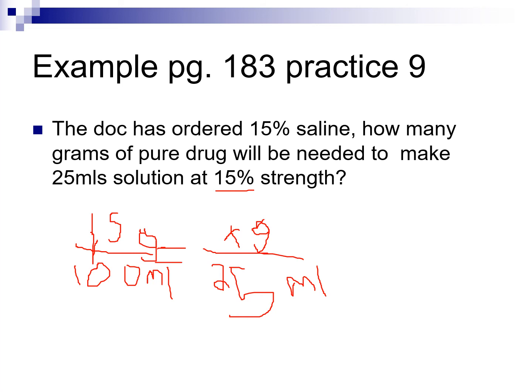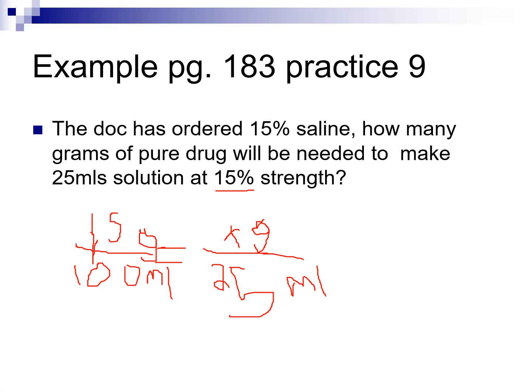If I look at this and think about it, 25 is a quarter of 100. So when we're comparing 25 mils to 100 mils, our number for x should be smaller than 15.